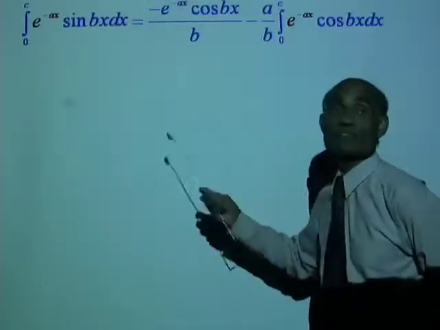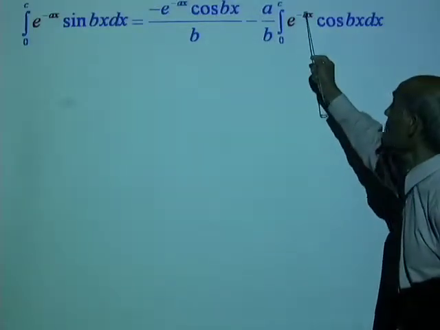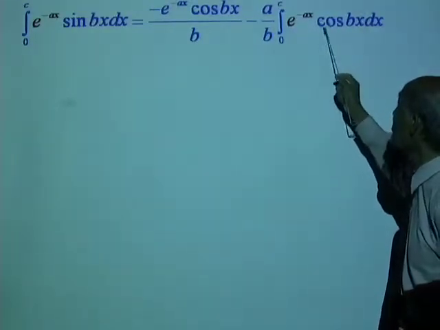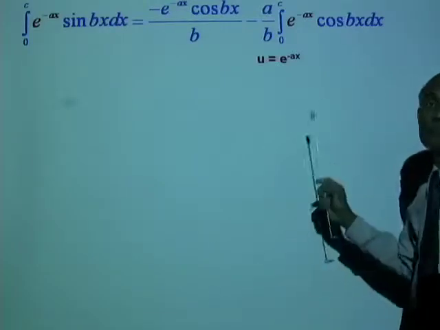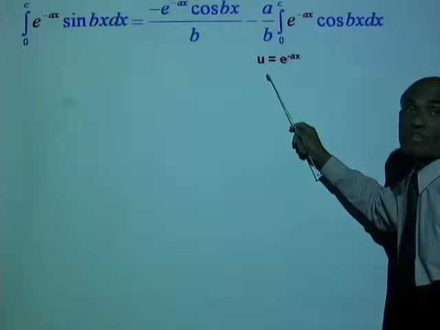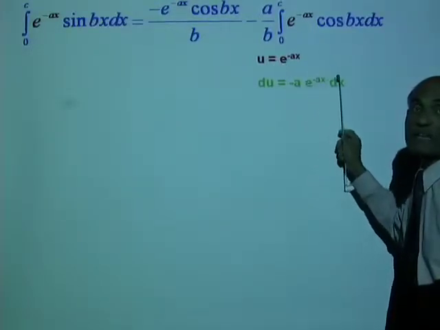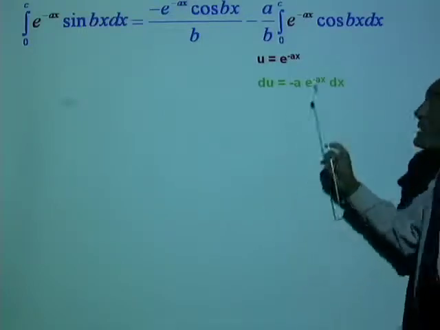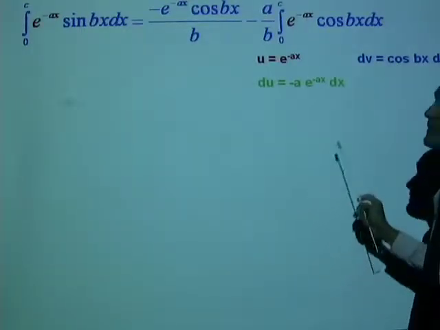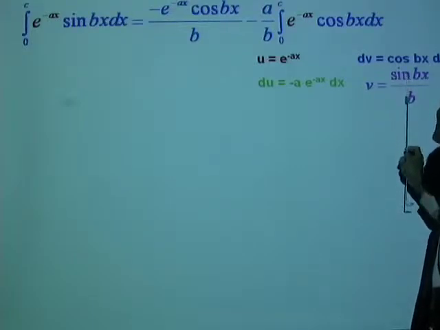Okay, let's repeat integration by parts for this, where e to the power of negative ax is your u and cos bx dx is your dv. u equal to e to the power of negative ax. What's our du? du is negative a e to the power of negative ax dx. Our dv is cos bx dx. Therefore, integrating will give you v equal to sine bx over b.